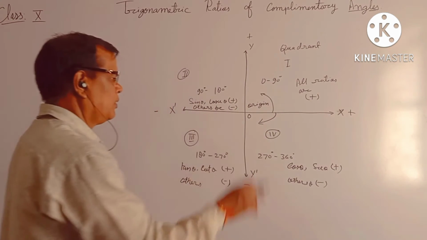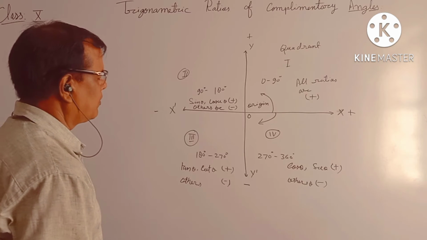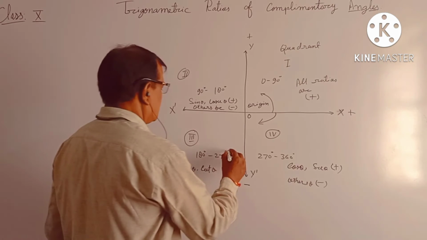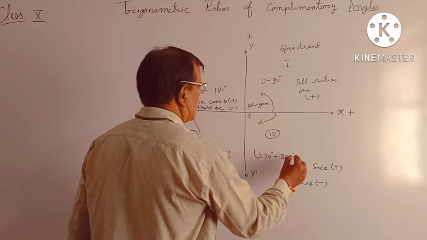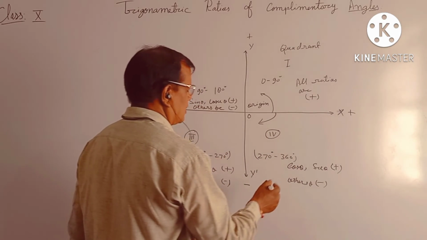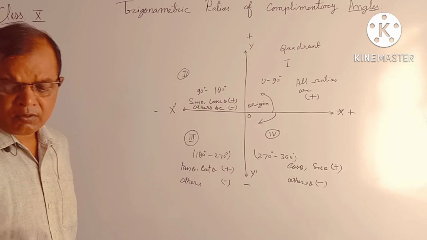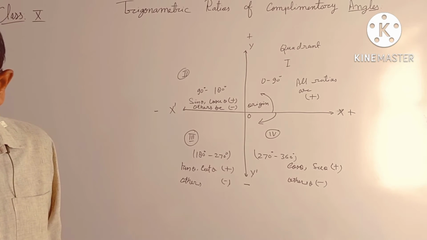This way we decide the sign and find the quadrant as given in the question. With the help of the question, we decide the ratio, change the name and write the sign with the help of this quadrant rule. Now we are going to the exercise.